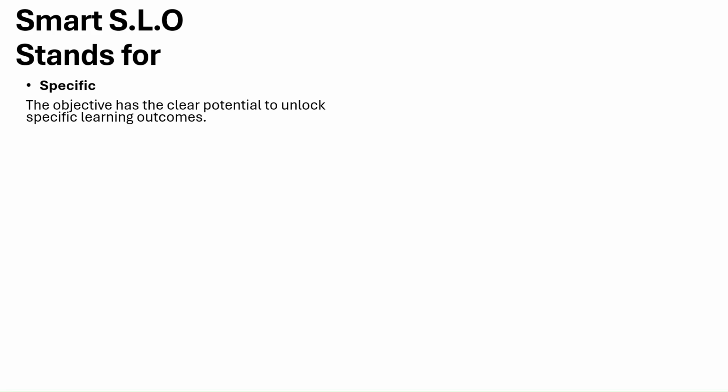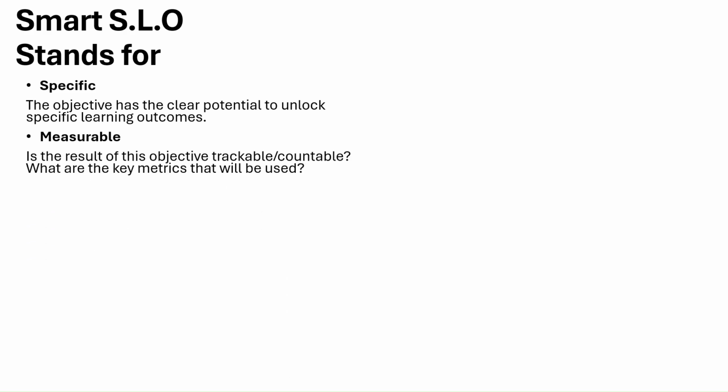Either a student learns to define, or a student needs to explain, or at the end of the SLO the student wants to discuss, or anything else you want at the end of the SLO. What should the student get out of the concept? It is called specific. Another very important thing is measurable.